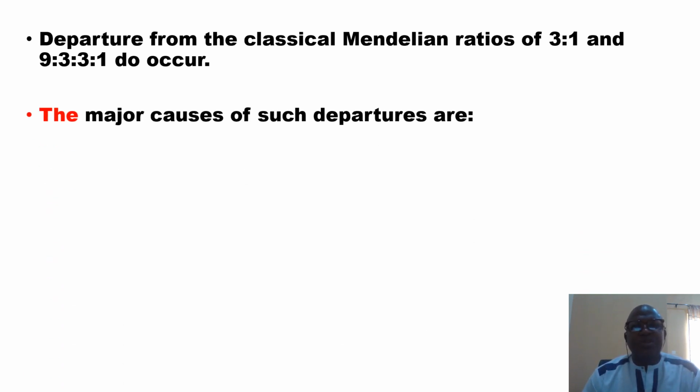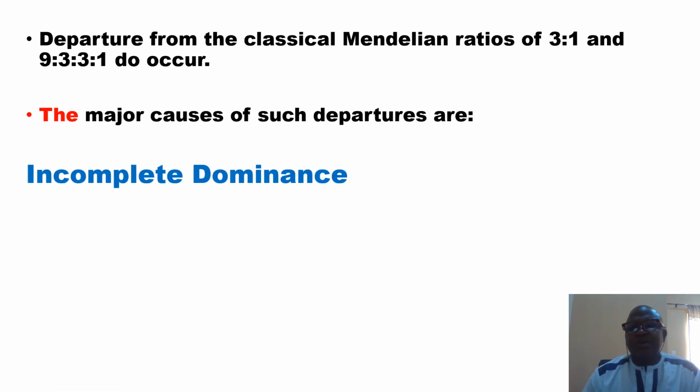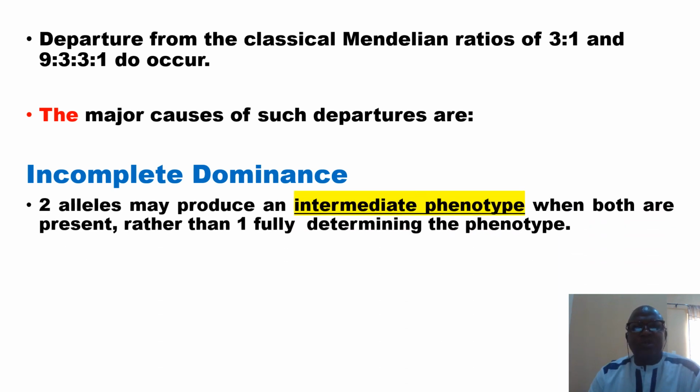Now, the major causes of such departures are incomplete dominance. In incomplete dominance, two alleles may produce an intermediate phenotype when both of them are present, rather than one of the alleles fully determining the phenotype of the offspring.